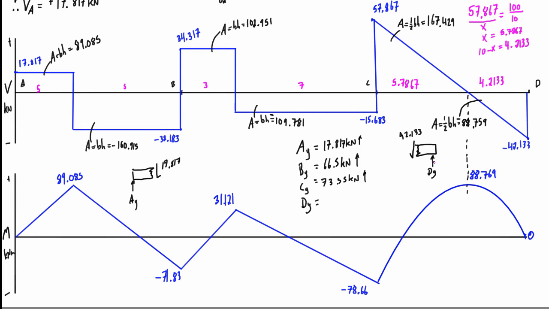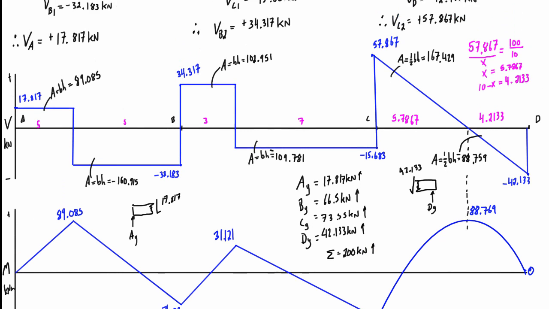So for the force balance at this point to make sense, taking that cut infinitesimally close, we have to have DY as 42.133 kilonewtons pressing up. And if you sum these up, you're going to find that the reactions total 200 kilonewtons in the upwards direction.